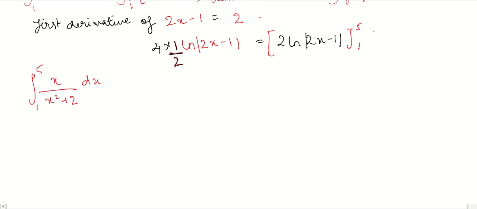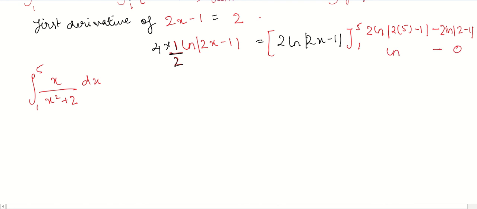That's going to be 2 ln(2 times 5 minus 1) minus 2 ln(2 times 1 minus 1). That's going to be basically 0, because 2 minus 1 is 1, ln 1 is equal to 0, so that's going to be 0.